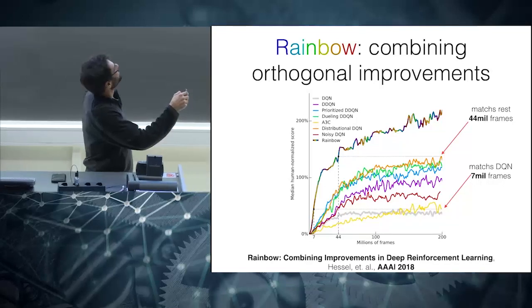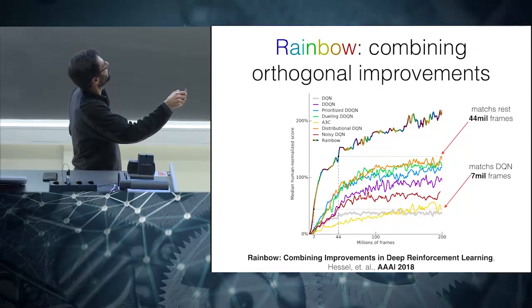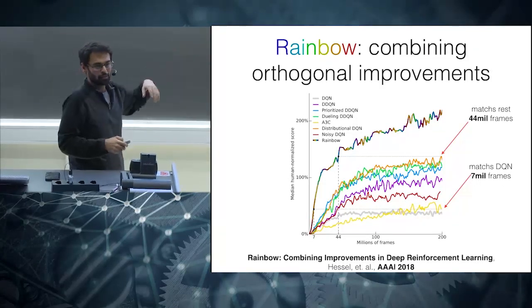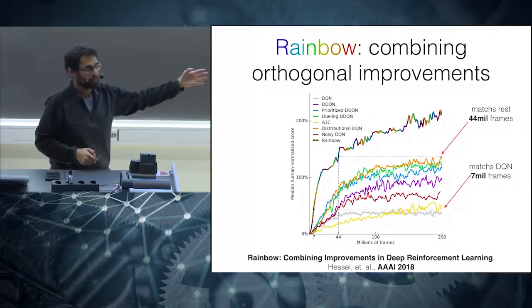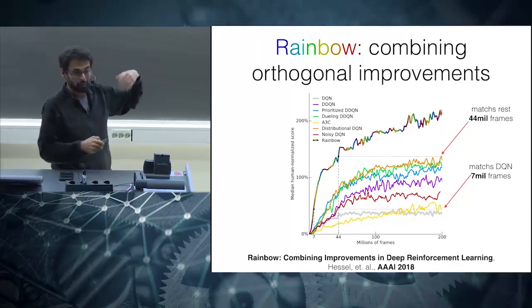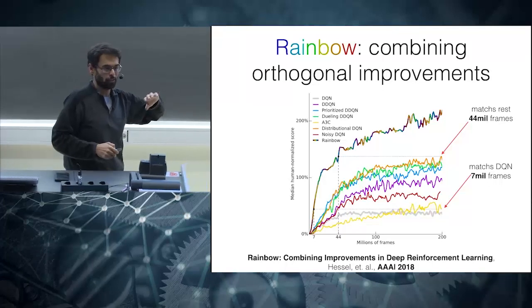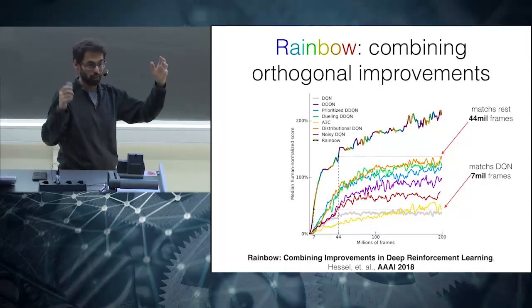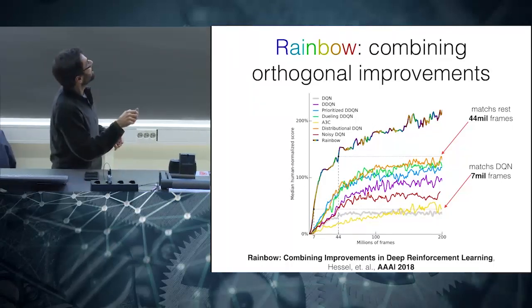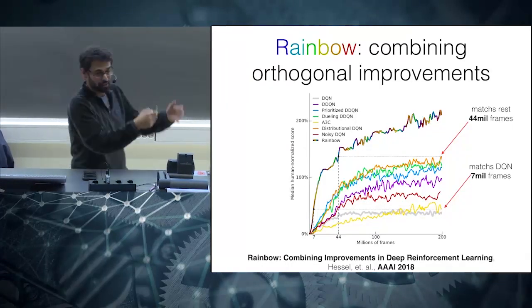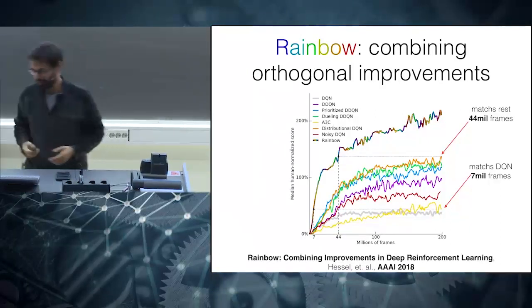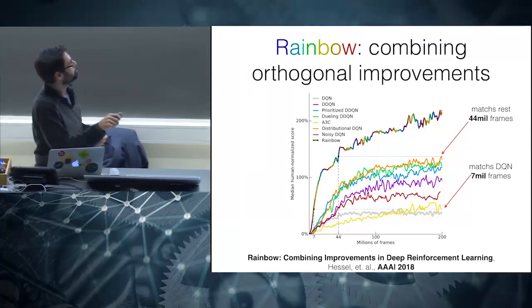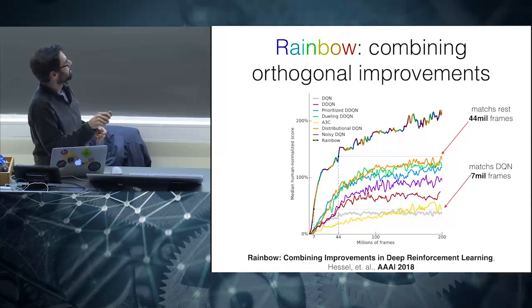This thing involves distributional RL, the thing I just talked about. It involves dueling architecture for the neural networks, it involves double DQN, which I did not talk about, but that's another very cool idea, and prioritized experience replay, all together, and a significant performance boost in terms of data efficiency.